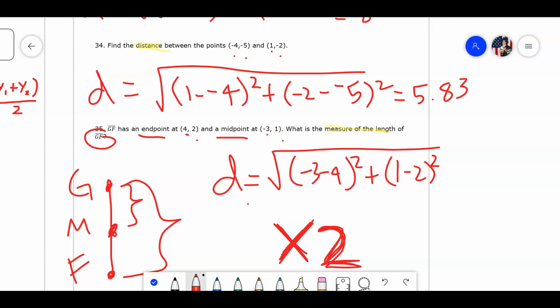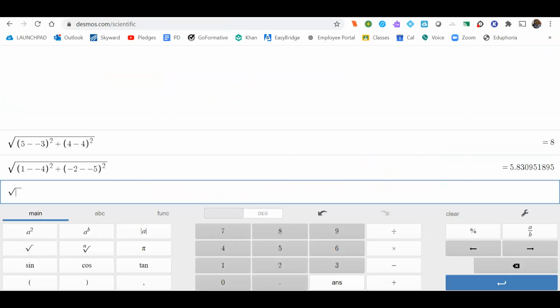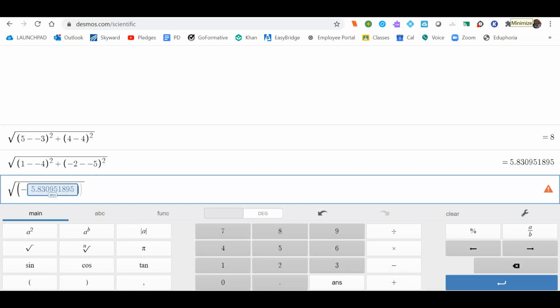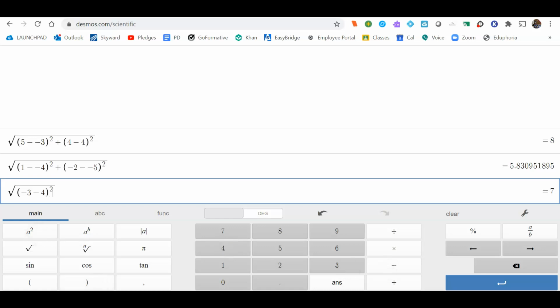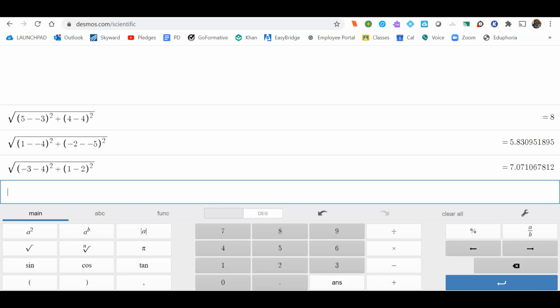So let's take that over to Desmos and plug it in. Square root, parentheses, negative 3 minus 4, parentheses, squared, plus parentheses 1 minus 2 parentheses, squared. Hit enter, and 7.07. That would round to 7.1.